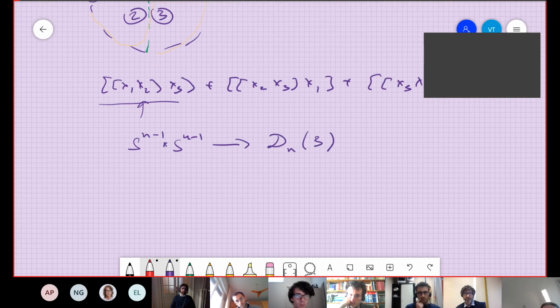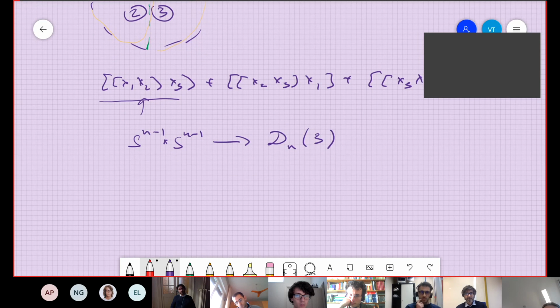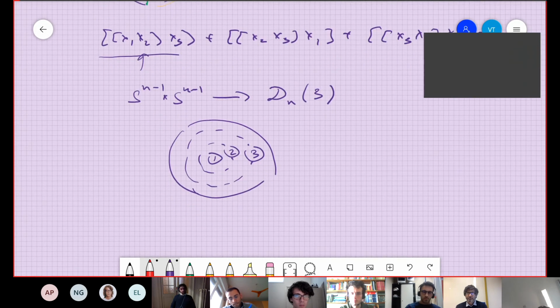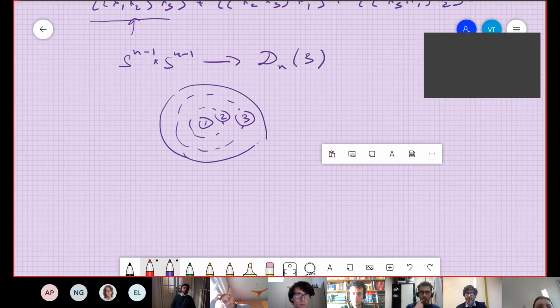What's happening is that first point 2 goes around point 1, and also point 3 goes around all of them. That will be a way to represent homology classes by explicit cycles. And for every Poisson monomial, we are actually going to get exactly a product of spheres.